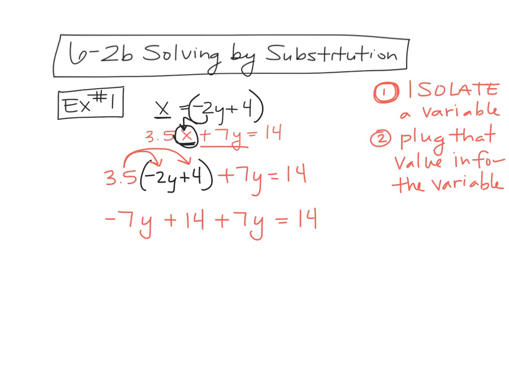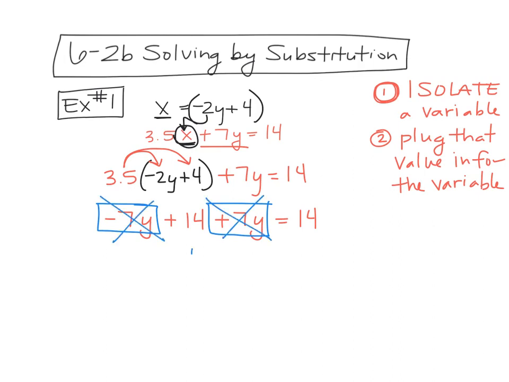Okay. At this point, your next step is just to keep simplifying the problem. Notice what happens. You have a negative 7y plus 7y. What is that? It's 0, right? It goes away. So these are gone.